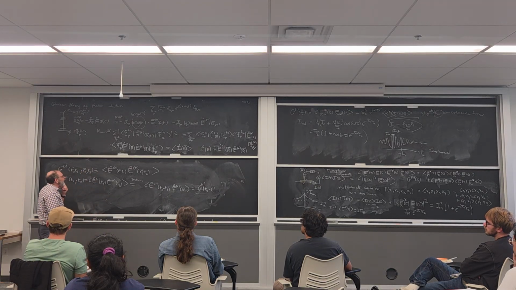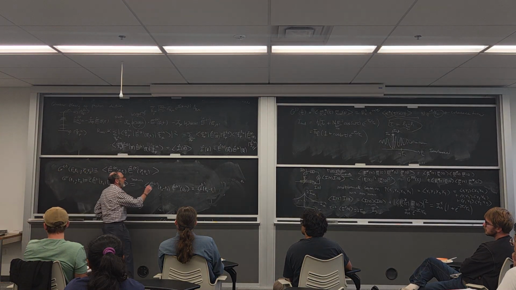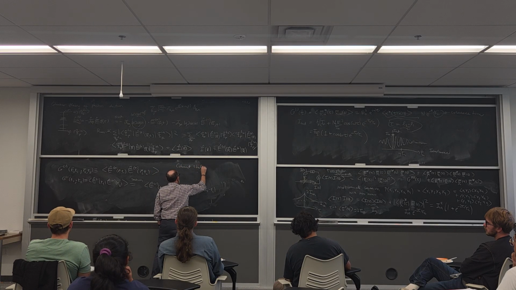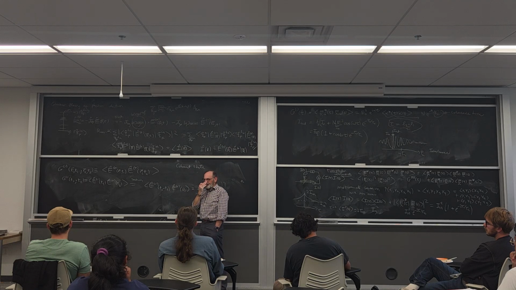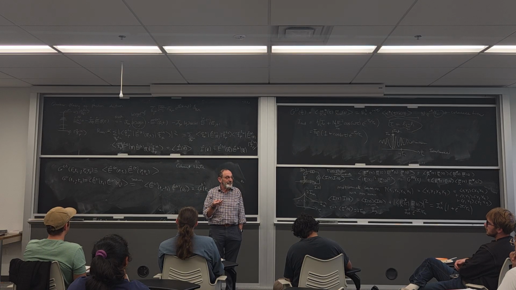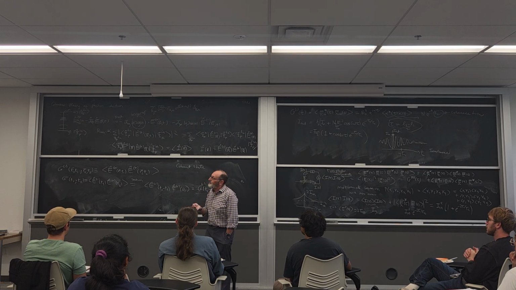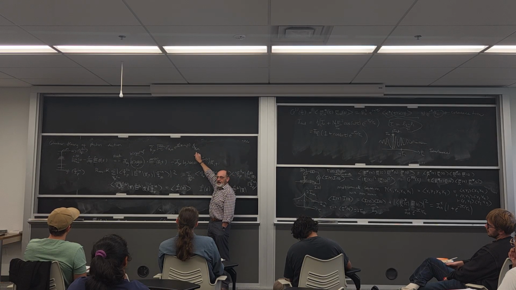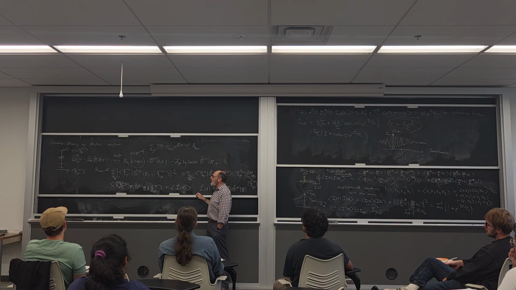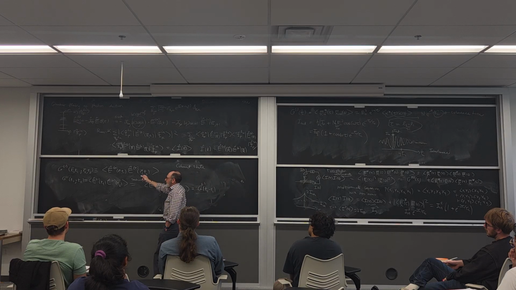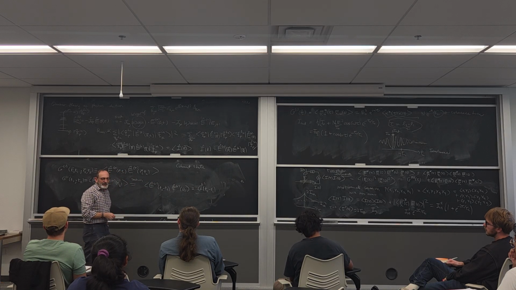Now, in particular, suppose I have a coherence state. Suppose my state were a coherence state. A coherence state is an eigenstate of the annihilation operator. And if I have a multi-mode coherence state, then it's an eigenstate of every annihilation operator. So a multi-mode coherence state is an eigenstate of E plus. Okay?